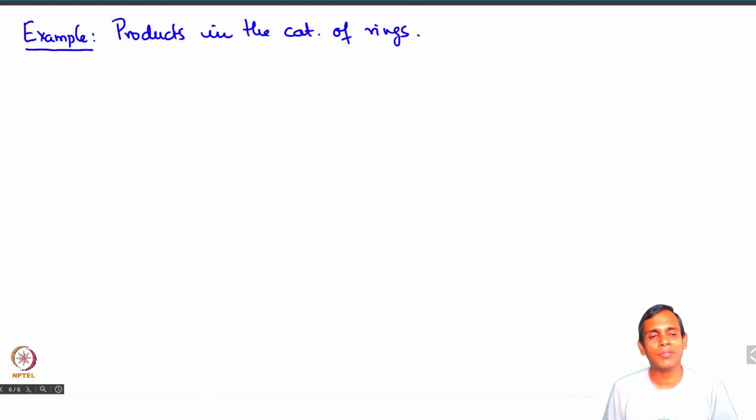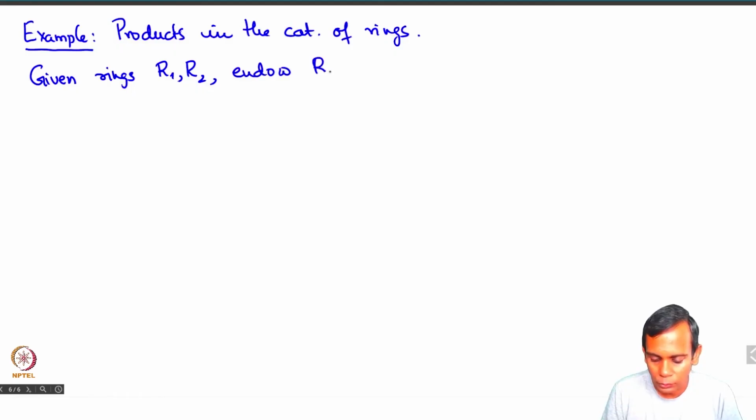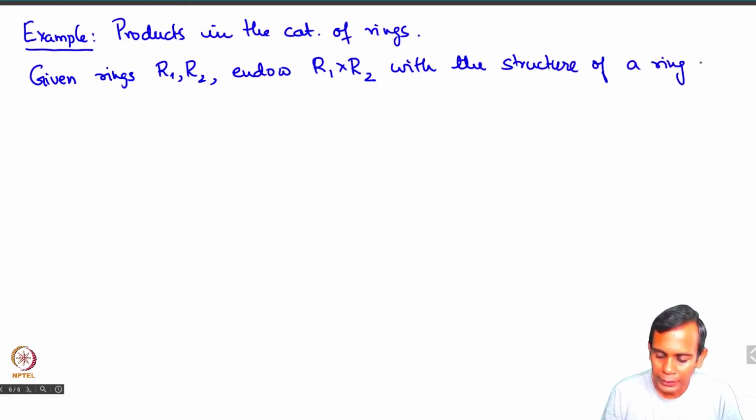And in the category of rings, there is a well-defined notion of product. So given two rings R1 and R2, you can take the Cartesian product R1 cross R2 and endow it with the structure of a ring using component-wise addition and multiplication.